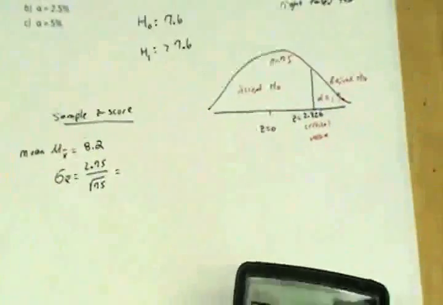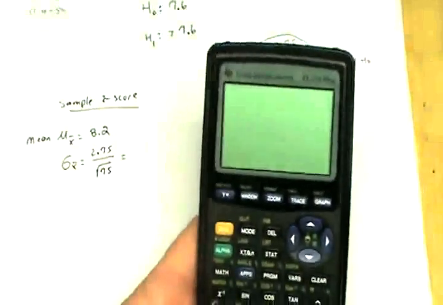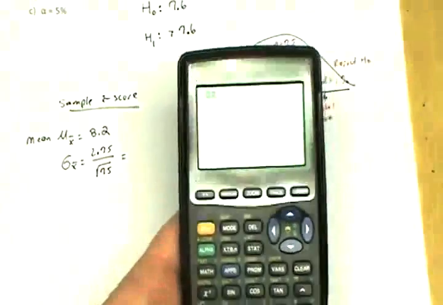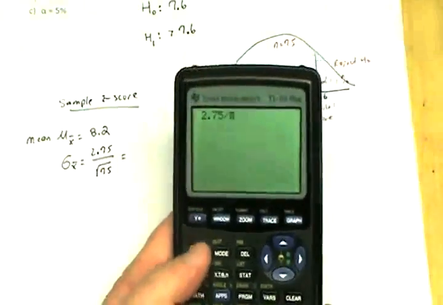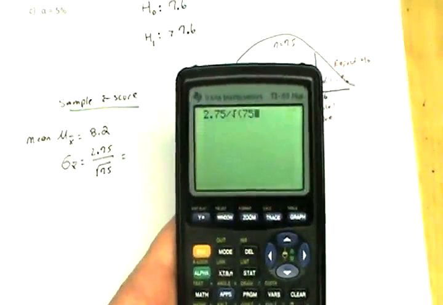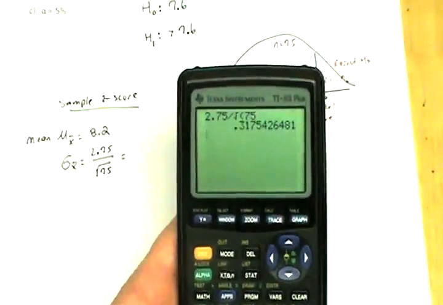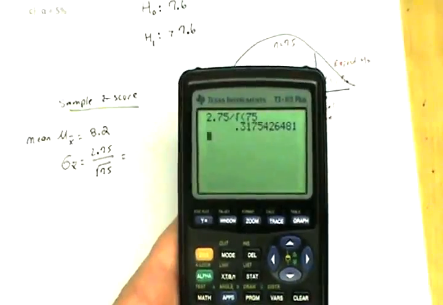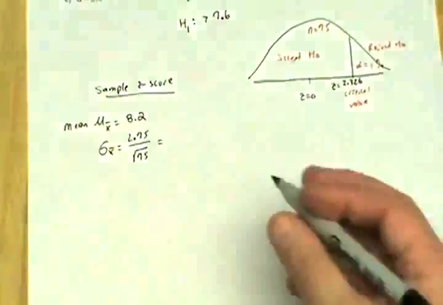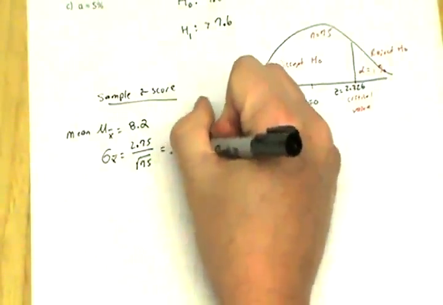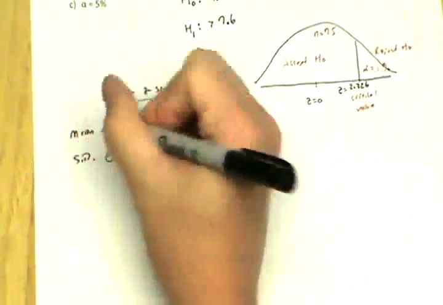So in our calculators, we'll clear that off. We're going to put in 2.75 and divide that by the square root of the sample size. 0.317, let's round that to 0.32. And that's our standard deviation.